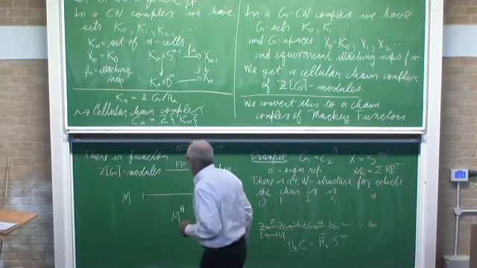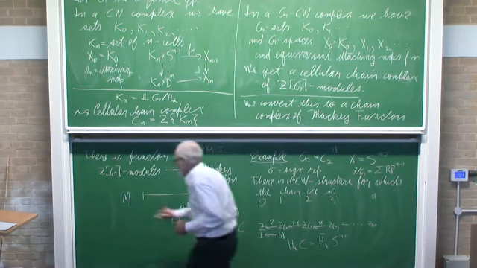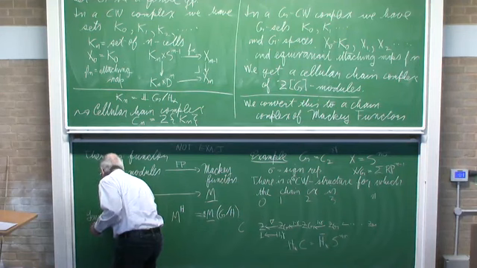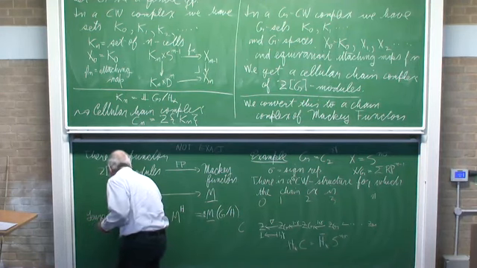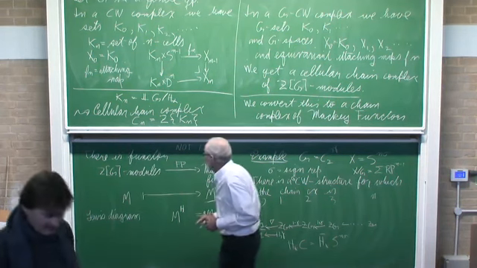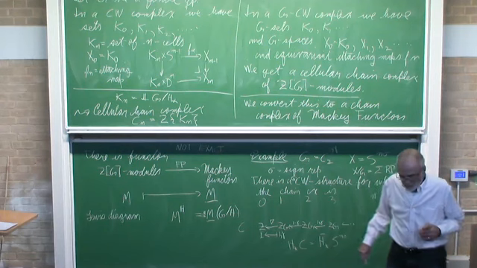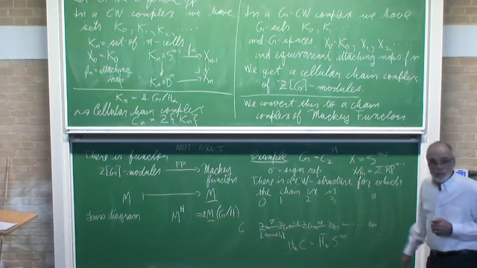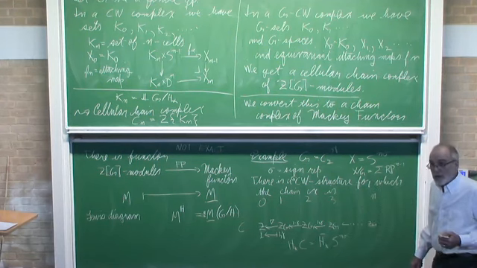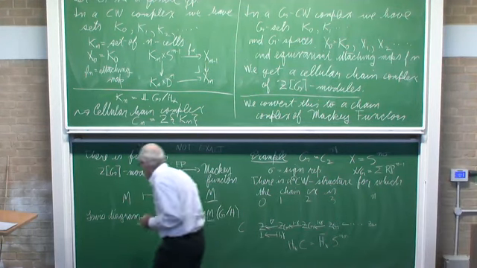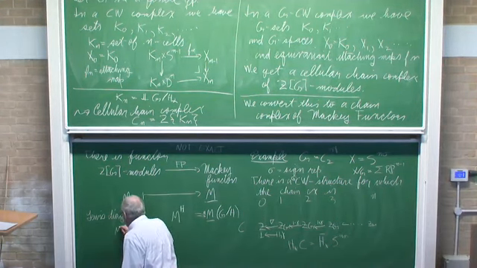Okay, so let me tell you about something called a Lewis diagram. Now, since our group is C2, the simplest possible non-trivial group, there's only 2 orbits to think about, and that's G mod E and G mod G. And so a Lewis diagram is a picture that looks like this.